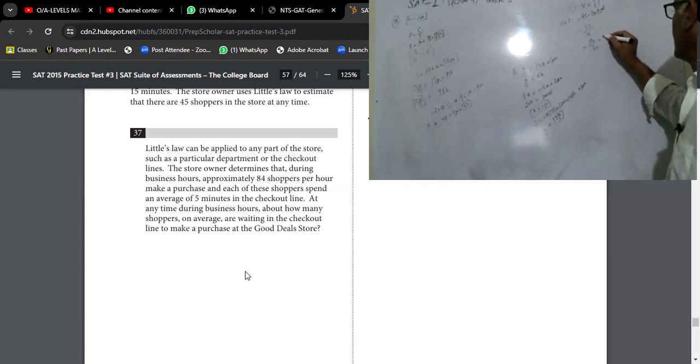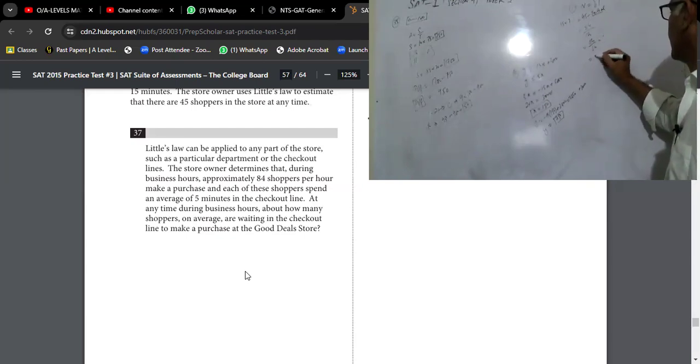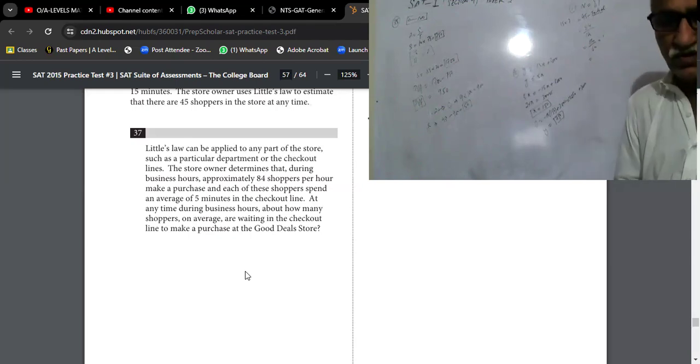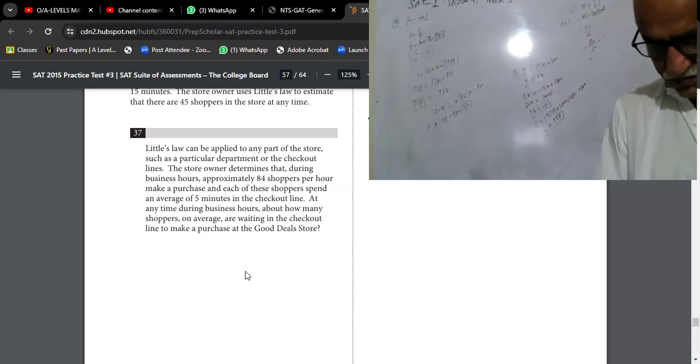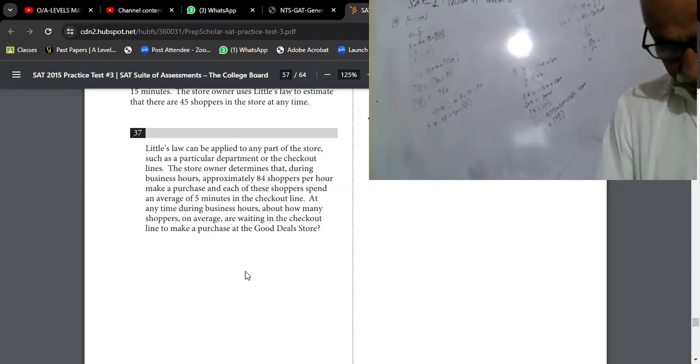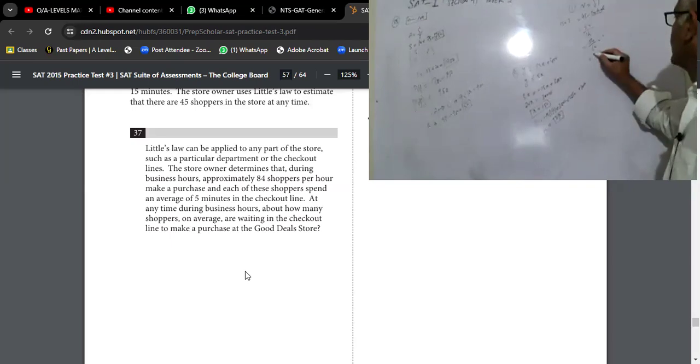So that is equal to 1.4. So 1.4 is the rate of that.